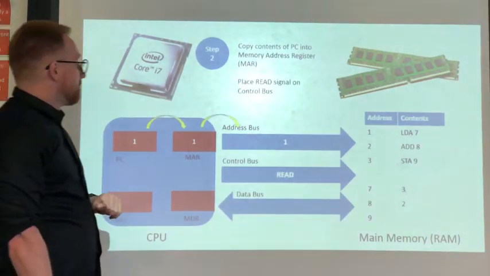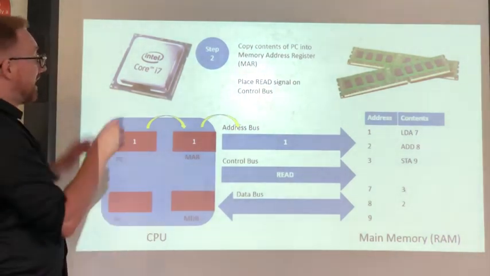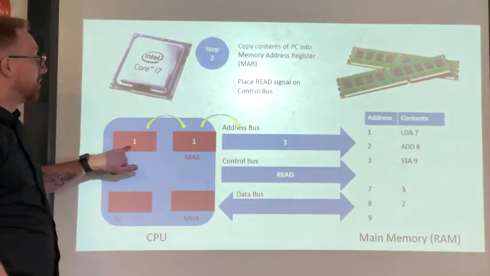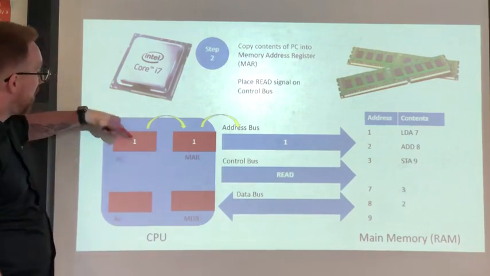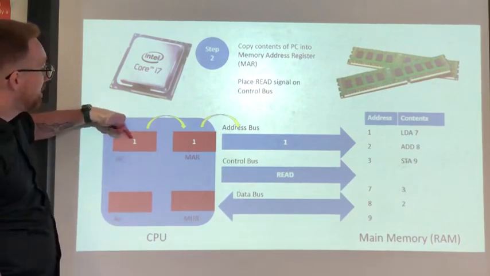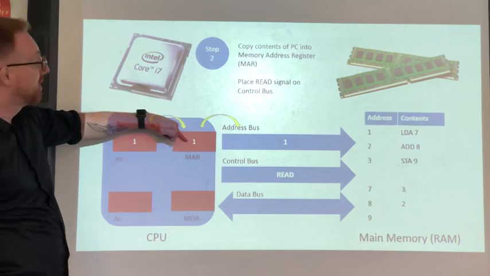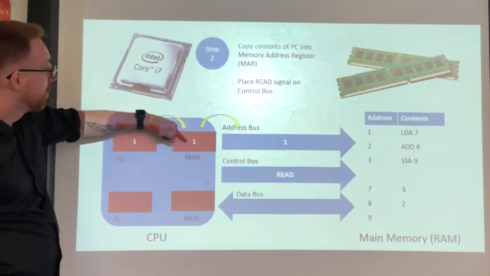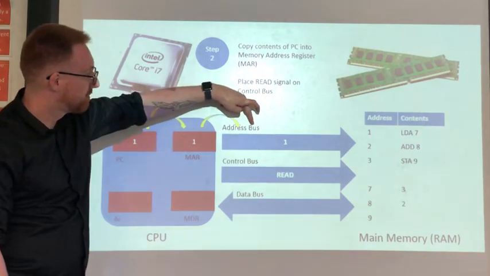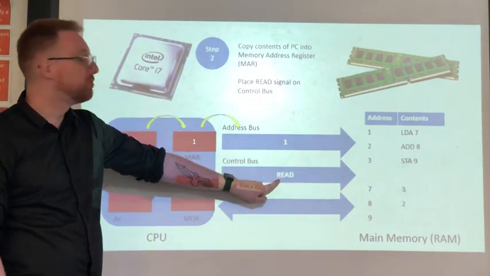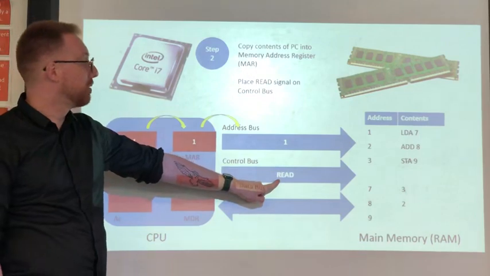So step 2, we now need to get into the CPU the instruction that's in memory location 1. So we copy that value into the memory address register. We can then place that value on the address bus and put a memory read signal on the control bus.